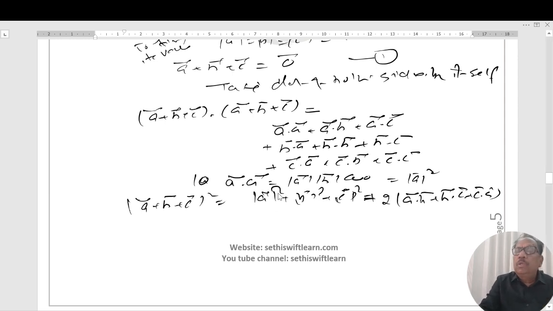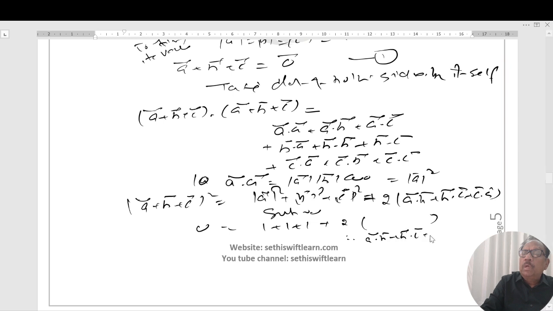There are total 9 terms: 3 taken here, 6 taken here, by using the property that dot product is commutative. And so substituting values, we get 0 equal to 1 plus 1 plus 1 plus 2 times the sum. Therefore, A dot B plus B dot C plus C dot A equal to minus 3 by 2. Answer. Clear?